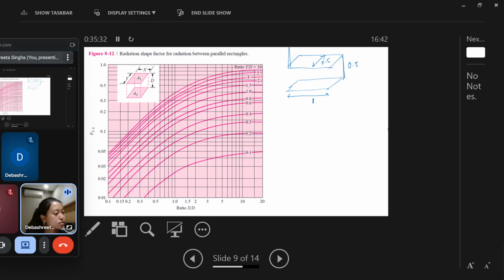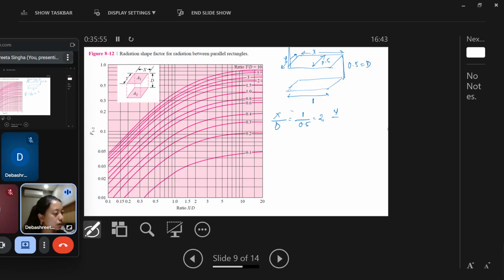That means this is x, this is y. So x by d we have 1 divided by 0.5, this is equal to 2.